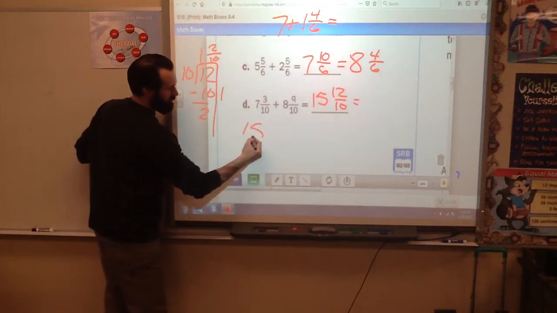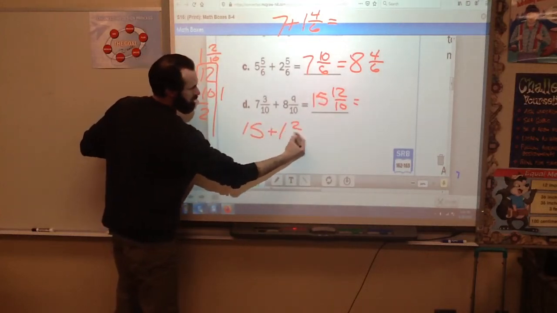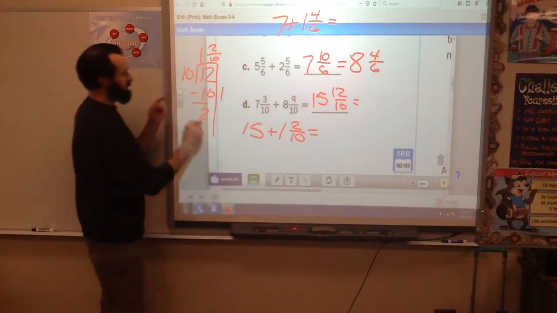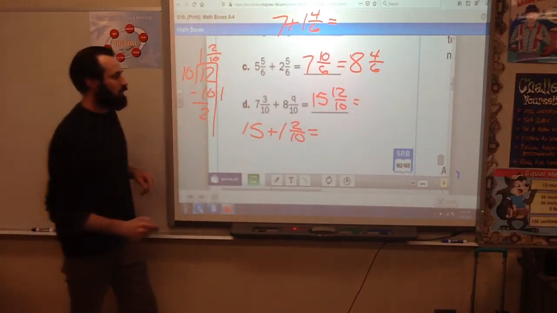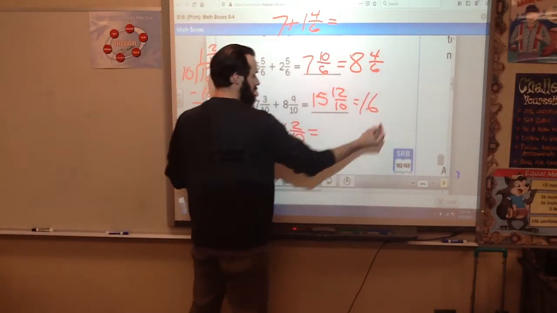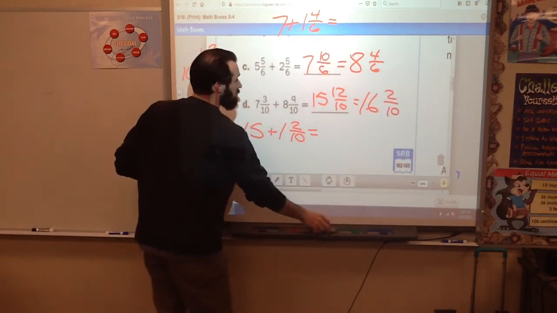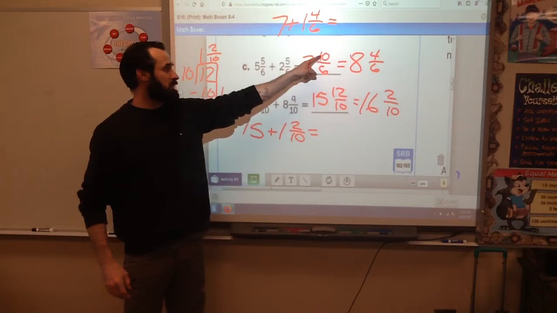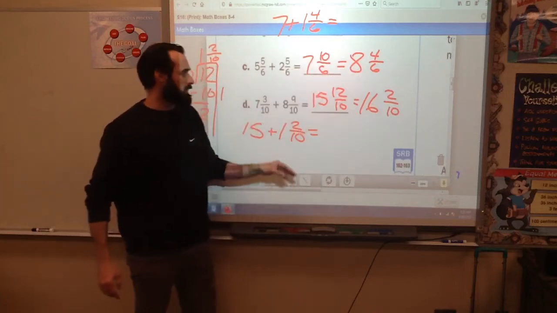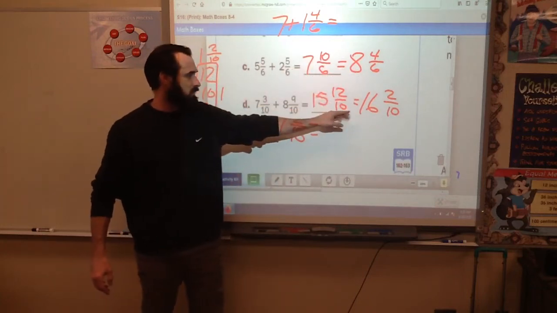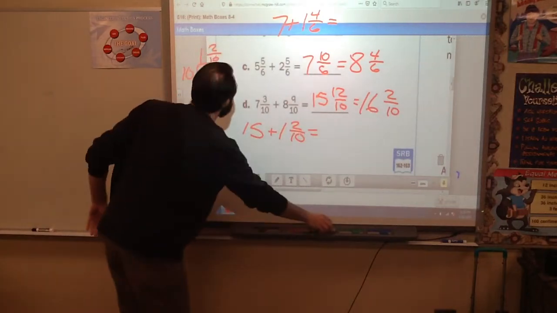So that's 15 plus 1 and 2 tenths, because that's what we have here. 15 and 1 is 16, and 2 tenths. So those were your answers there. You could either have 7 and 10 sixths, or 8 and 4 sixths, 15 and 12 tenths, or 16 and 2 tenths.